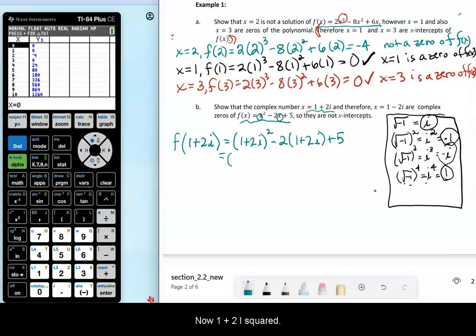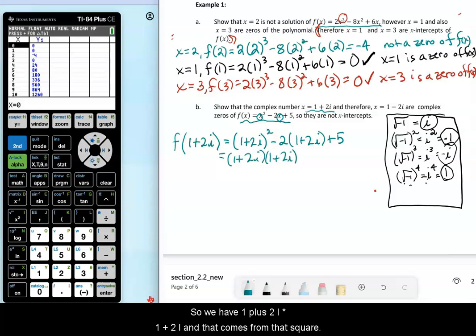Now (1 plus 2i) squared means we have to multiply it by itself. So we have (1 plus 2i) times (1 plus 2i), and that comes from that squared. Minus, I'm going to go ahead and carry my 2 through. 2 times 1 is minus 2, and -2 times 2i is -4i, plus 5.